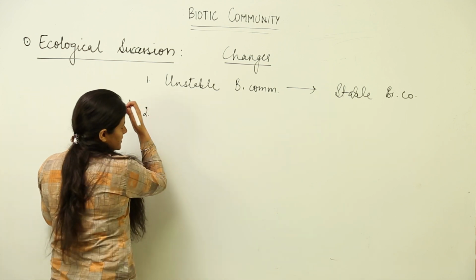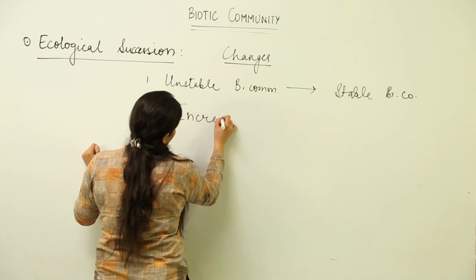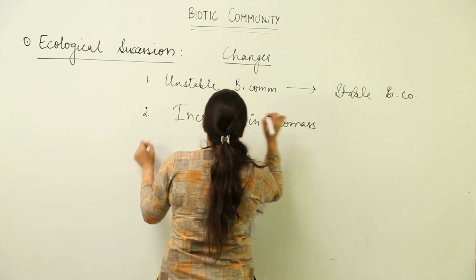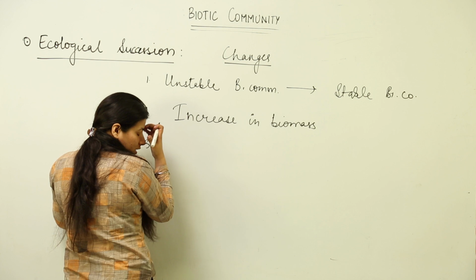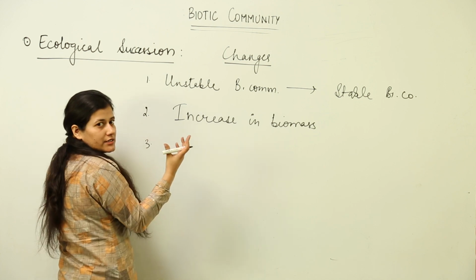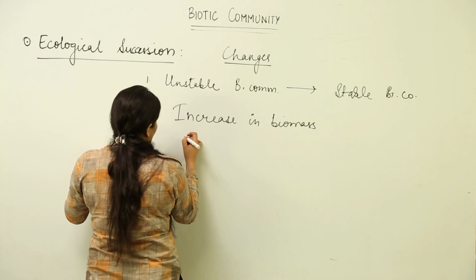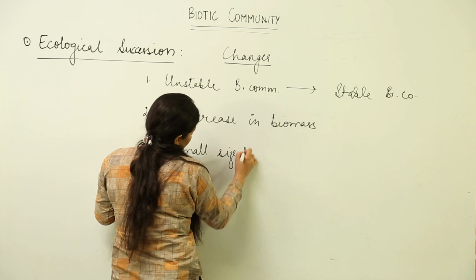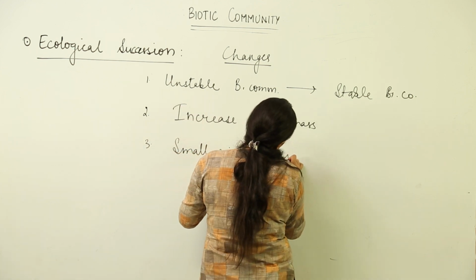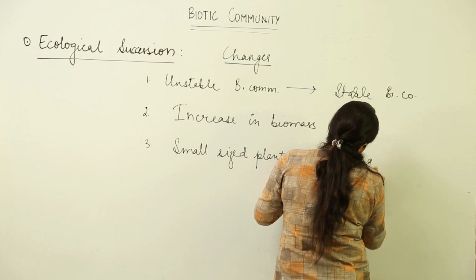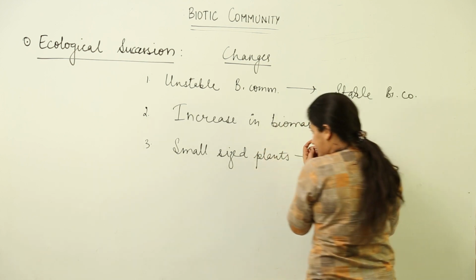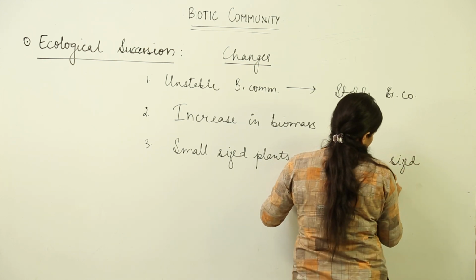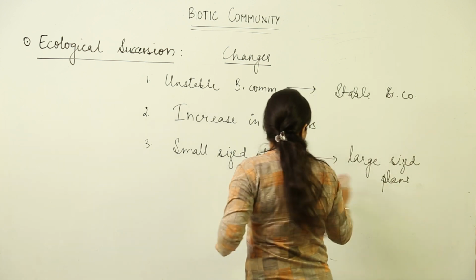The second thing is that there is a large amount of increase in biomass. Third thing is, because this succession is primarily studied in terms of vegetation, we have the small sized plants gradually being replaced by large sized plants, or you can rephrase my statement that the small sized plants change to large sized plants as the serial stages pass on.